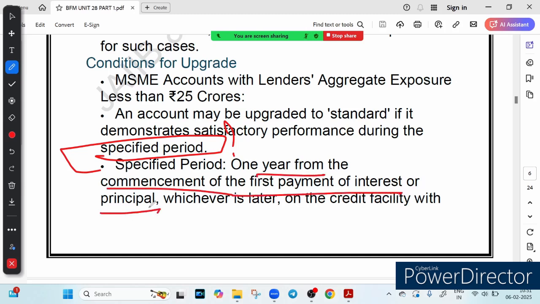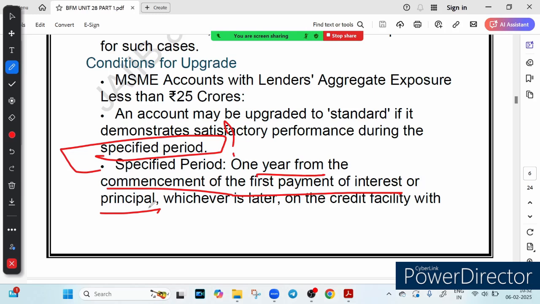The loan was NPA, the borrower starts paying, so the first payment when it was received, either interest payment or principal payment, from that day 1 year, whichever is later, either he had paid interest or he had paid principal, whichever is later, 1 year from that. And this is based on the loan with the longest moratorium period in the restructuring. You know, there is some moratorium period which is given by the bank, right?